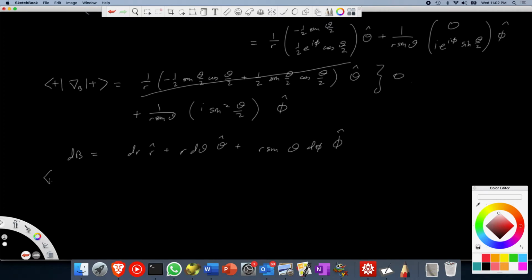If we take the dot product of this with dB, we will get i sine squared theta over 2 d phi, because r sine theta appears here and here, and they cancel, and theta hat dot theta hat is 1. So this is the final expression.